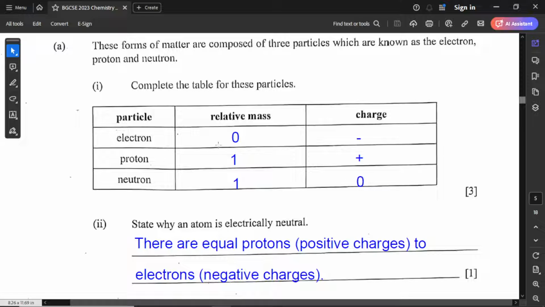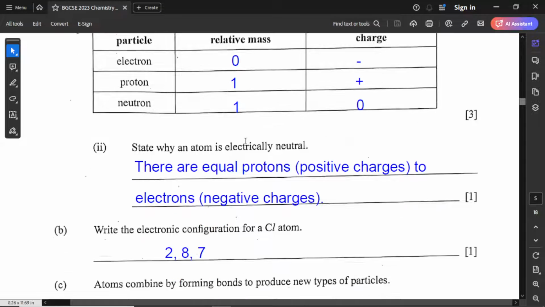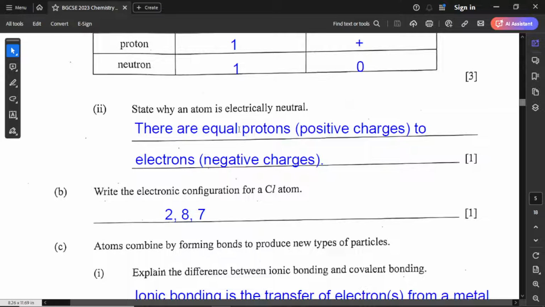And that is why we know that the mass of an element is made up of protons and neutrons, simply because they are the subatomic particles with mass. So part 2 is to state why an atom is electrically neutral, and simply because there are equal numbers of protons to electrons, so therefore there are equal numbers of positive charges to negative charges.